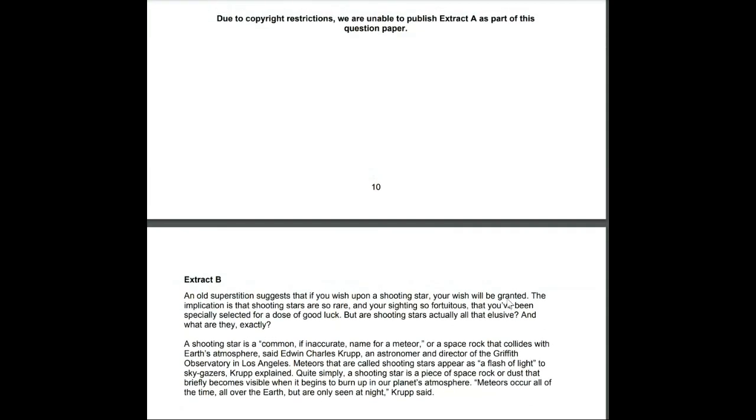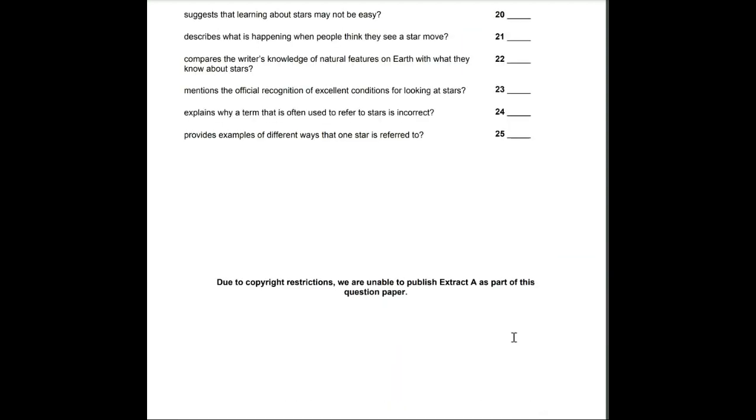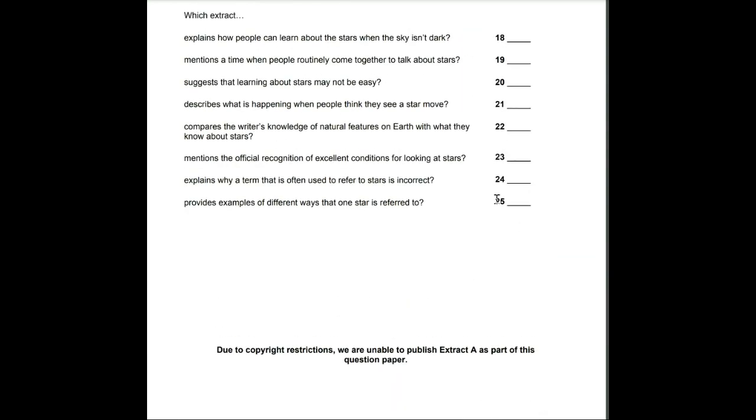Extract B may be touched upon because we have this shooting star and meteor, but remember that a meteor or shooting star is not a star, it's just a space rock that burns up in the Earth's atmosphere. So we don't have extract A, unfortunately, but the best answer for question 25 is in fact A.